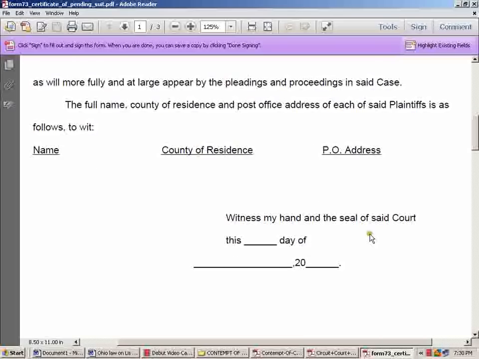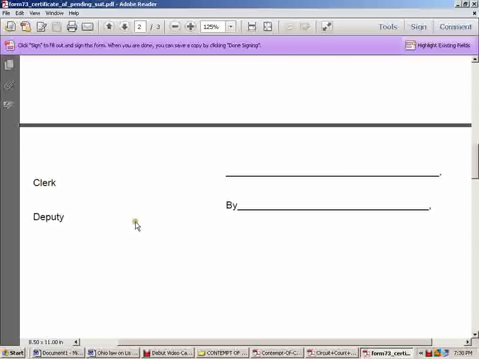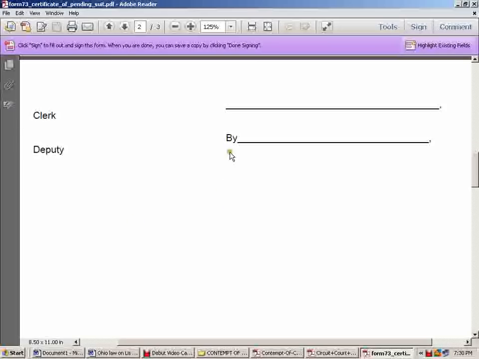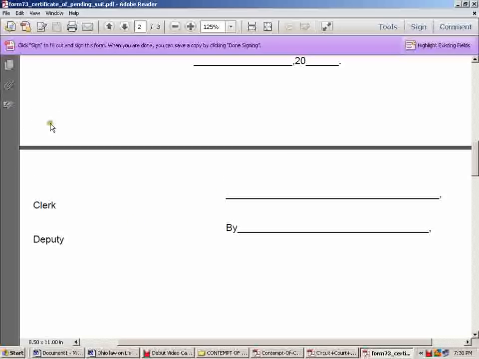So anyways, but back to this, witness in my hand. So this is something the clerk's doing. Okay, clerk, deputy. It's always interesting. The deputy is always after the clerk. Because really the deputy has the power, in my opinion, especially if it's the chief deputy. A clerk can have a disability, which is illegal. There's something legally wrong with them.